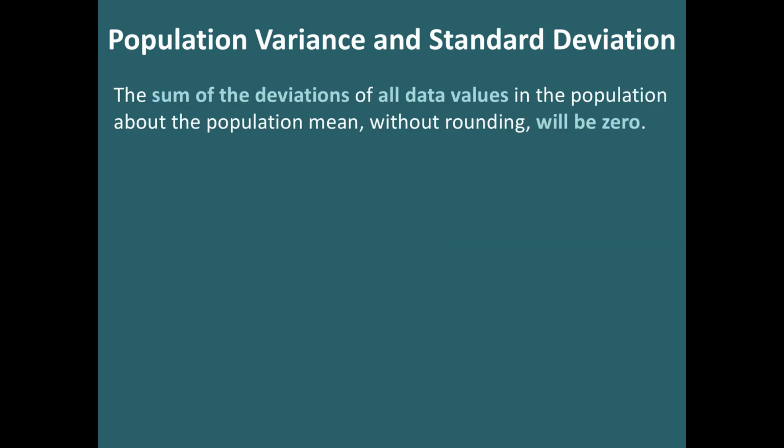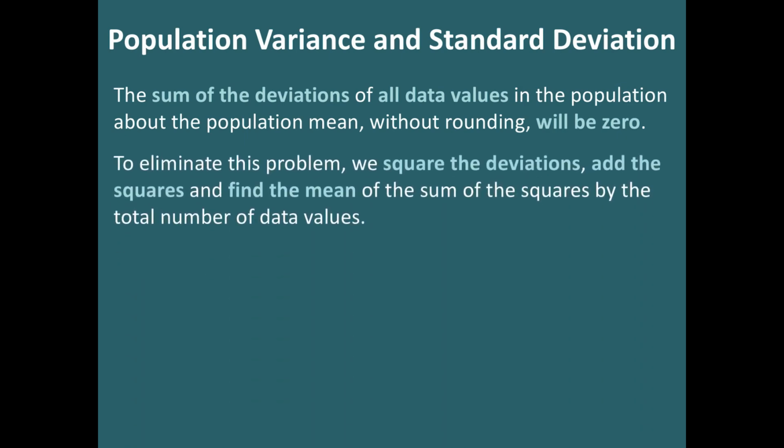The sum of deviations of all data in the population about the population mean without rounding will be 0, and that's a problem. To eliminate this problem, what we do instead is we square the deviations, then add the squares, and find the mean of the sum of the squares by the total number of data values, as I'll show you in future examples.